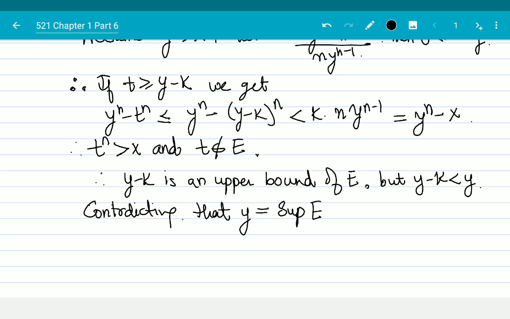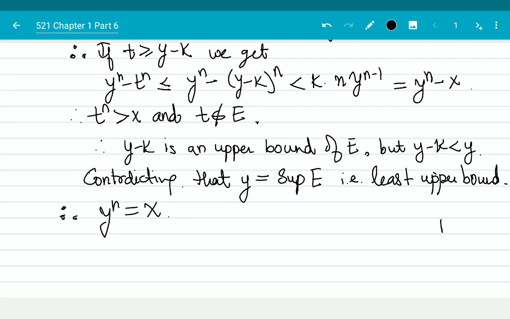Okay, therefore, Y to the N has to be equal to X, as it is not greater than X or smaller than X. Corollary.